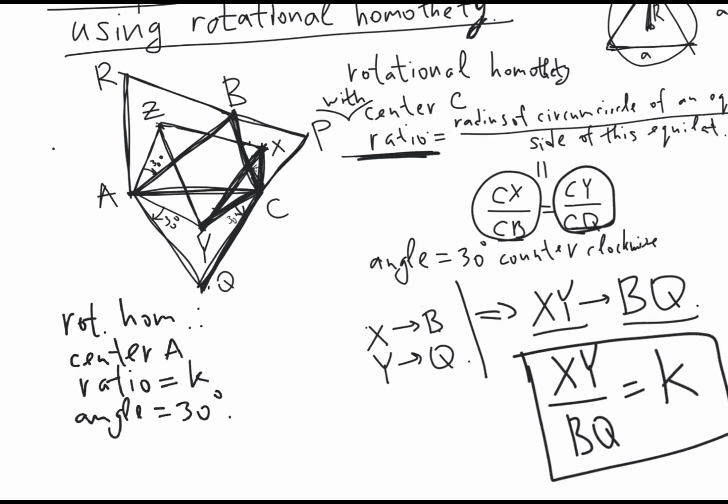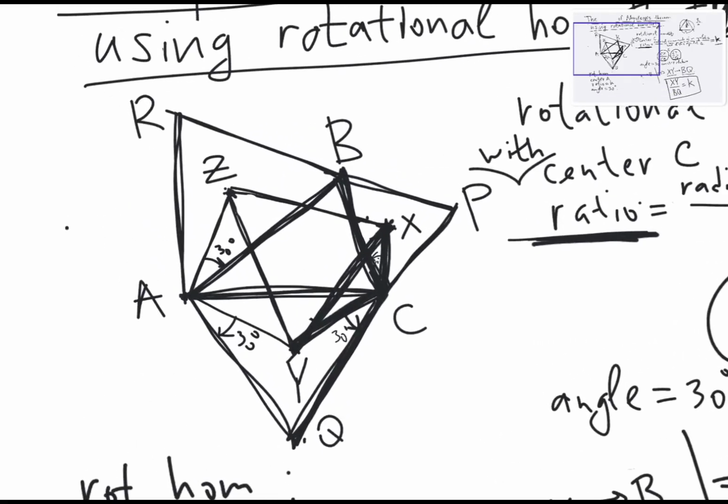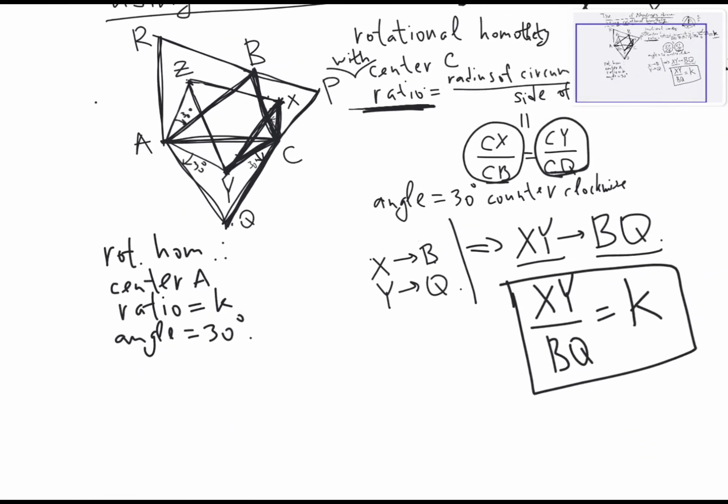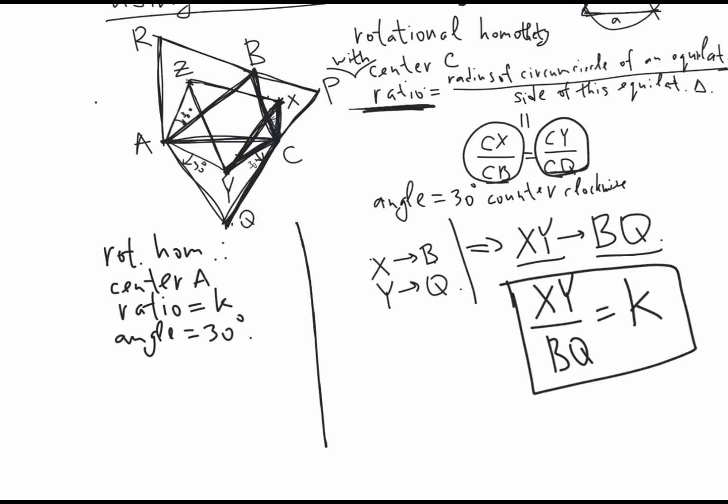So then similarly we get that the point Z is mapped to the point B and point Y is mapped to the point Q. So under this rotational homothety, Z is mapped to B and Y is mapped to Q. And from this we conclude that the whole segment ZY is mapped to the whole segment BQ, right?